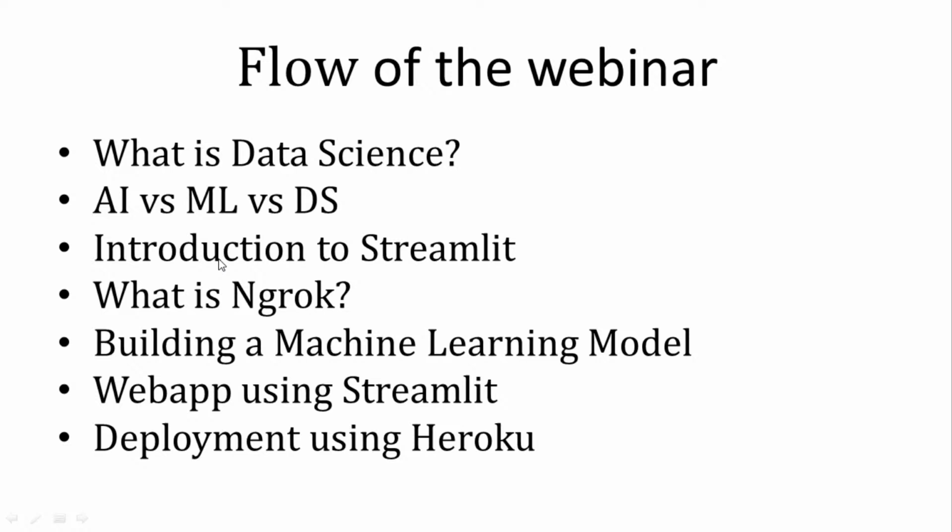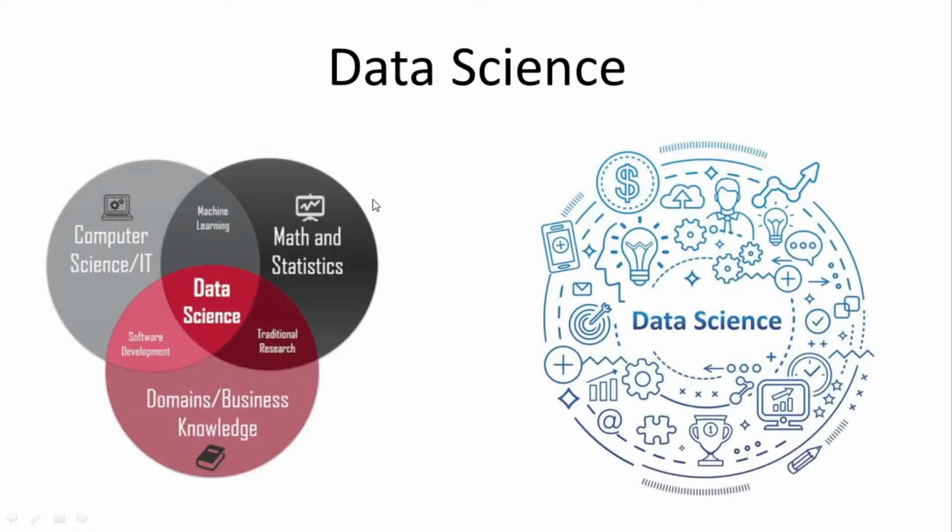All right, so let's begin with understanding what exactly data science is. Data science is actually a combination of a lot of things. I can say it is one specific field wherein you learn a lot of things.